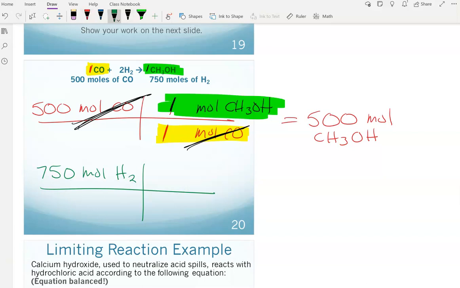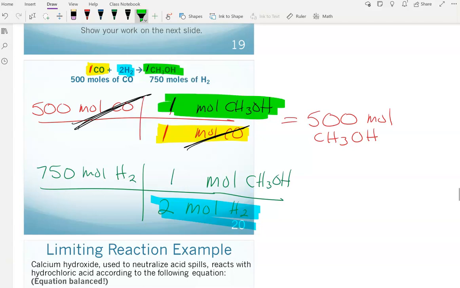Now let's see the other reactant, which is hydrogen. So I know that moles of H2 has to go here for the units, and then I get the number from the balanced equation. So we have 2 moles of H2. And just like the last picket fence, I'm going to convert this into moles of CH3OH.